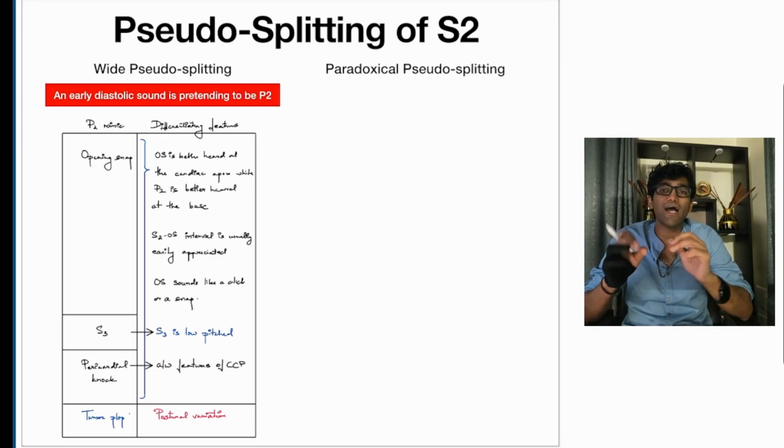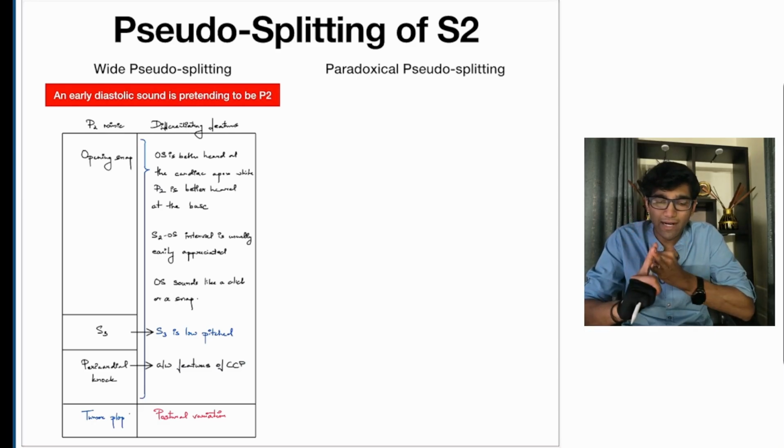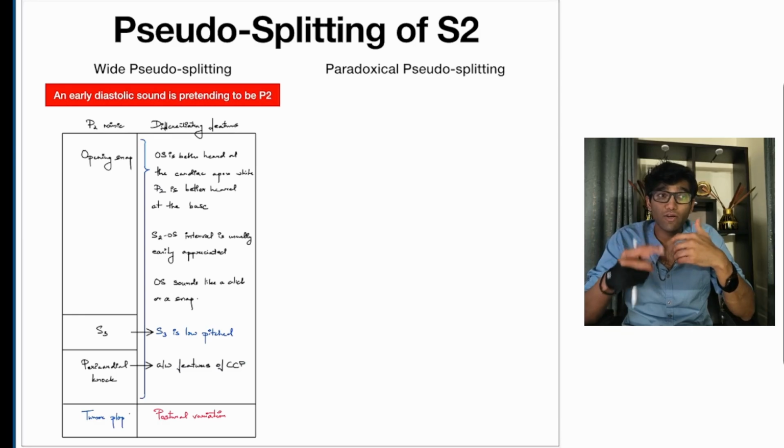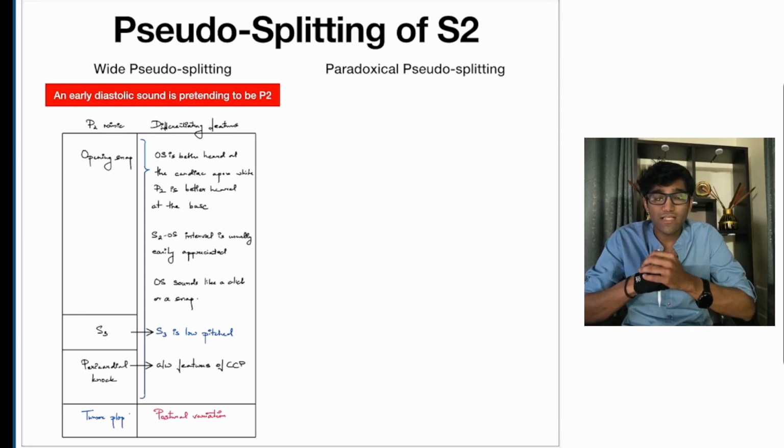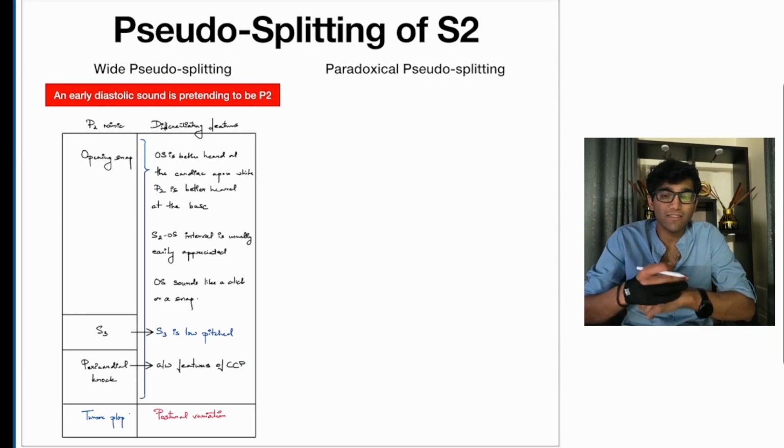So what are the diastolic sounds? We already discussed them: the opening snap, the pericardial knock, the tumor plop, and obviously S3 also corresponds to early diastolic filling, so that is an early diastolic sound. These would all mimic the P2 component of S2, and would be audible during inspiration and expiration, but this is not true splitting.